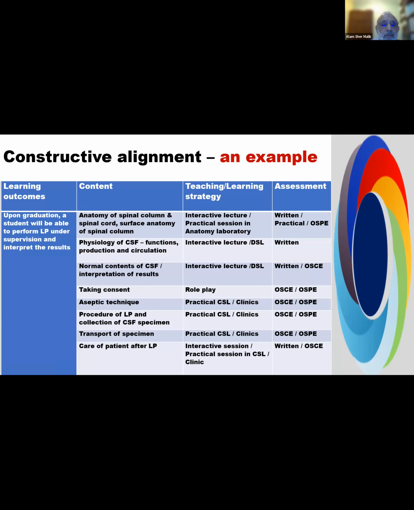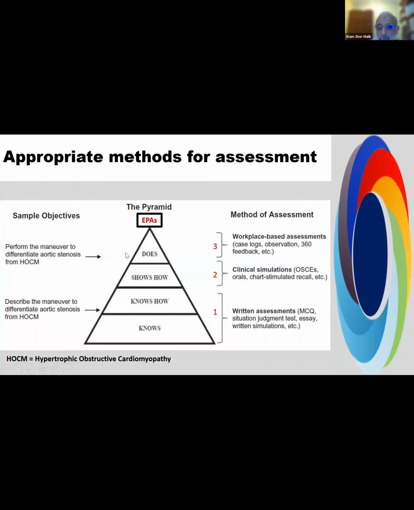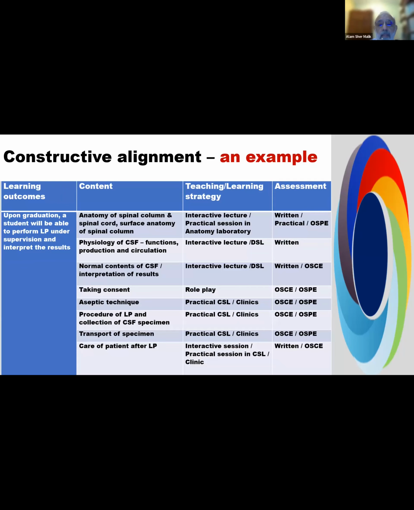And then for each content, we have an appropriate teaching learning strategy. For example, physiology of CSF, which is functions, production, circulation, is best taught through interactive lecture and best assessed through written examination.